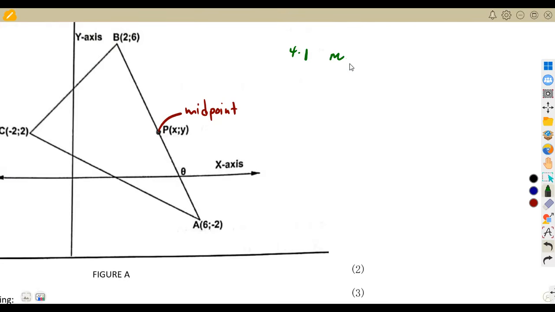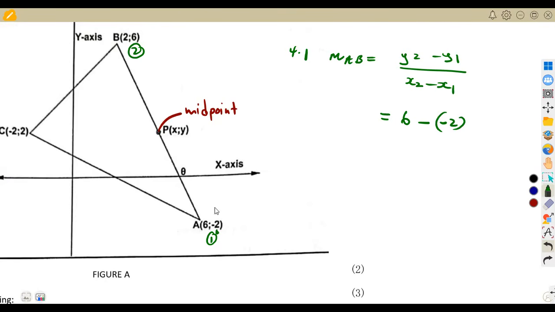So that is our question 4.1. So the gradient of the line segment AB is going to be Y2 minus Y1 over X2 minus X1, of which you can use Y1 minus Y2, which is fine. So this is our point A, which is our first point, B, our second point. So Y2, that's the Y value at point B, which is 6, minus the Y value at the first point, which is Y1, which is minus 2.